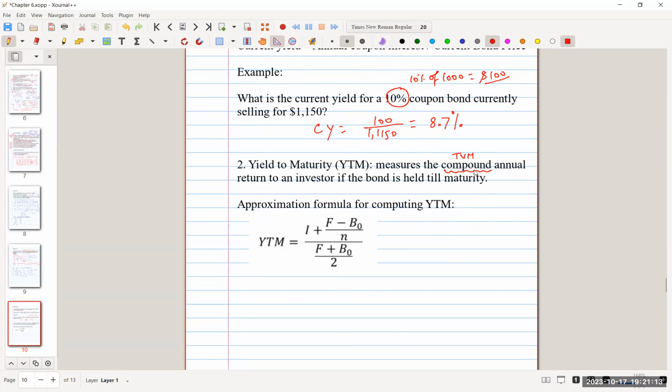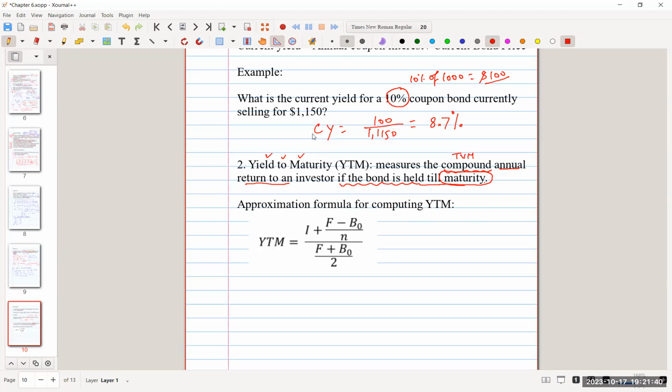You will earn this return if you buy the bond today and then hold on to it till the date of maturity. Don't sell it off before the maturity date. If you do that, then the return that you would have earned on an annual basis will be known as yield to maturity, right?